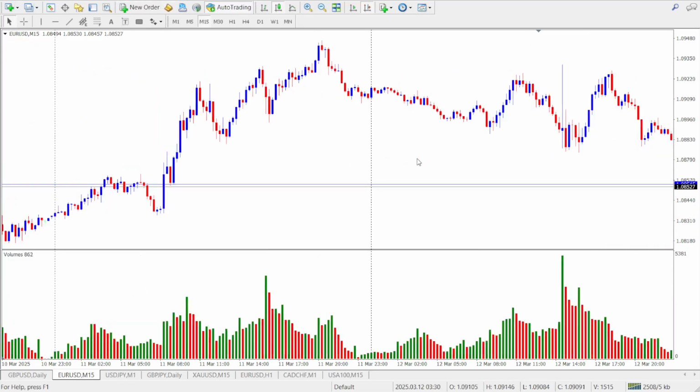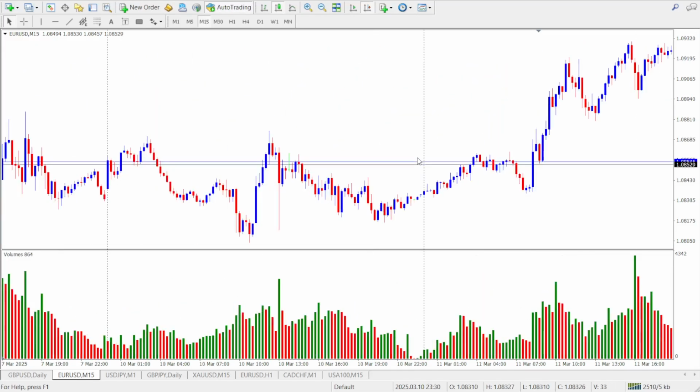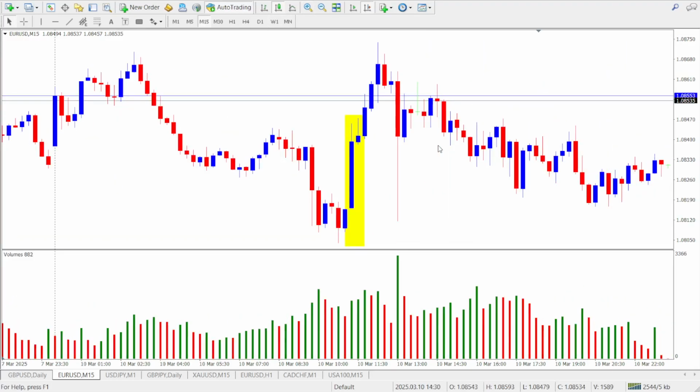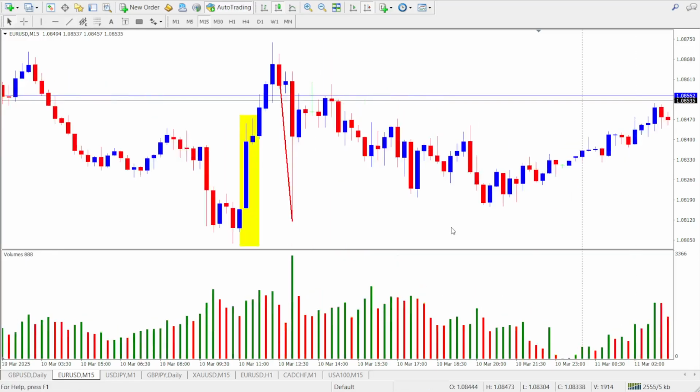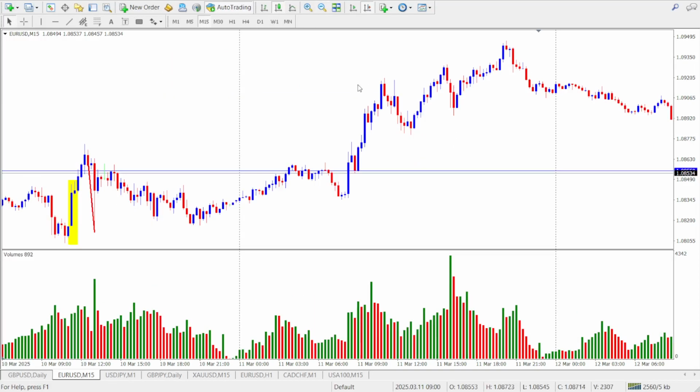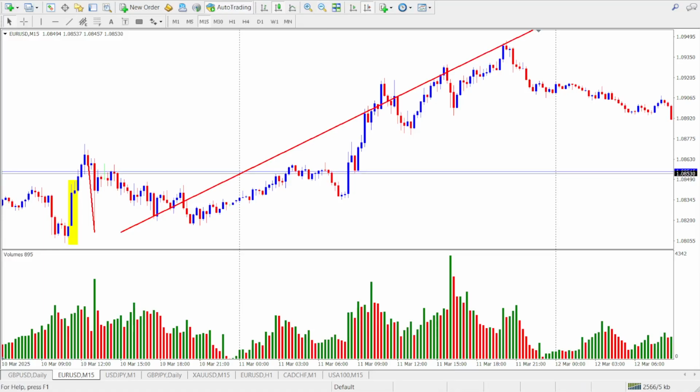Okay, I think this is where we had an imbalance. You can see that price came down and filled the imbalance before continuing in a bullish direction.